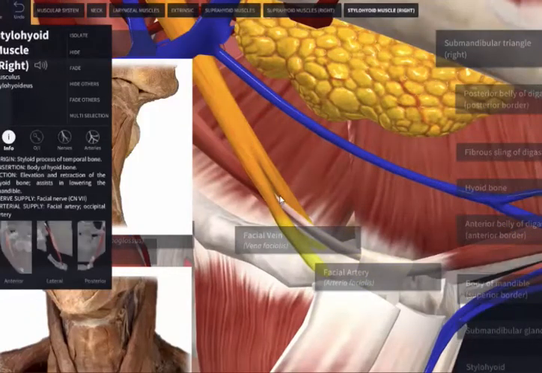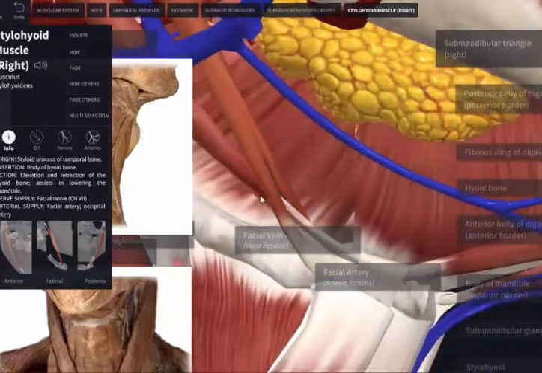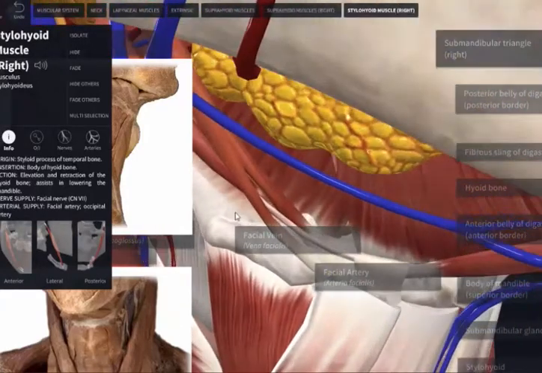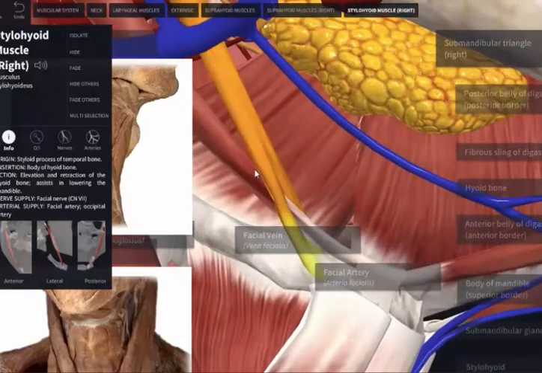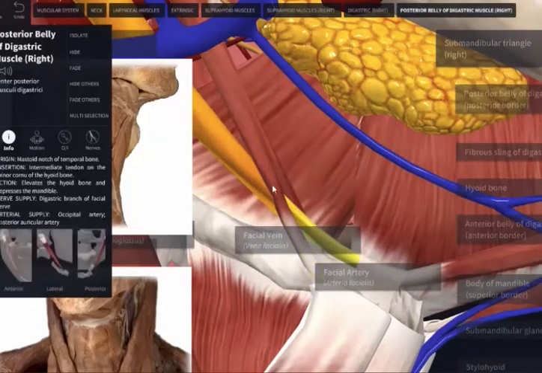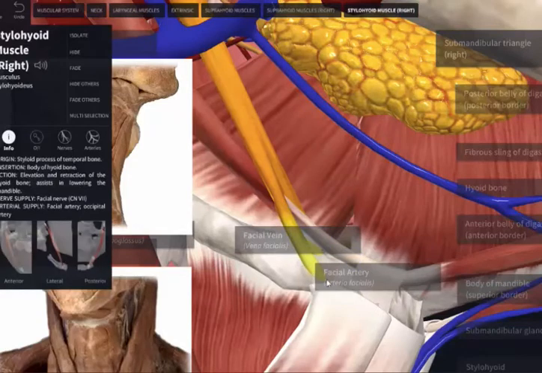And the stylohyoid is interesting because it actually splits and straddles the posterior digastric, kind of like someone riding a horse. It's straddling the posterior digastric, and then its fibrous tendon attaches to the hyoid bone down here.